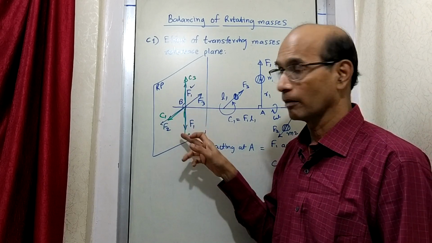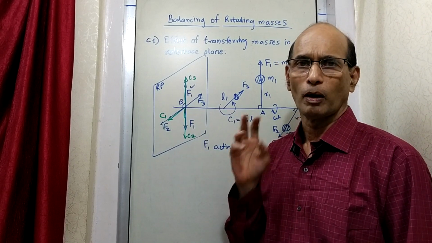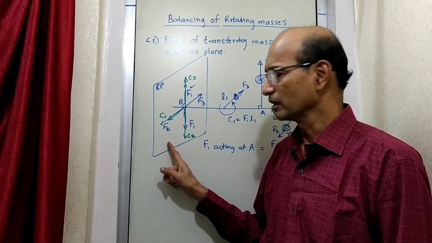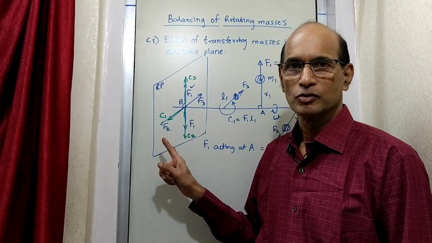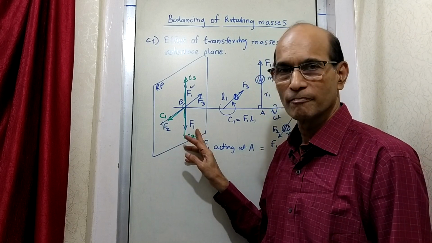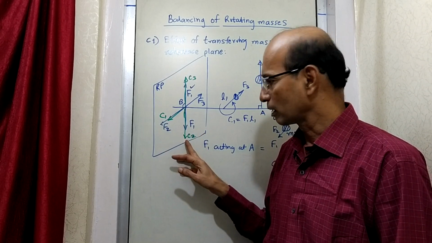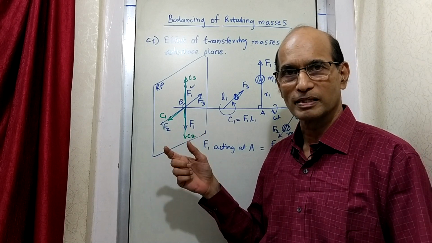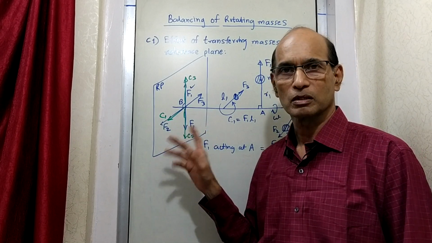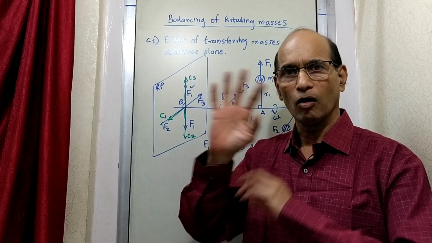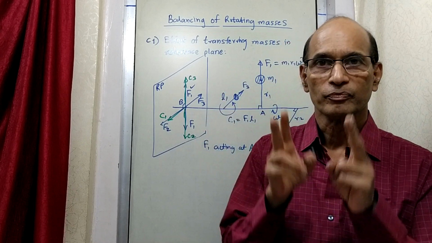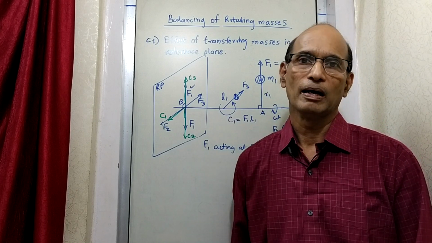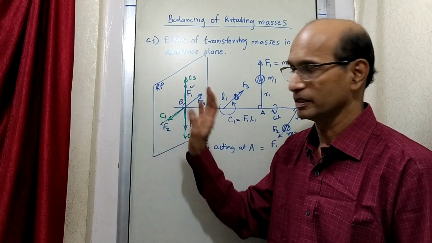So whatever unbalance is existing in this reference plane will be balanced. So the unbalance caused by forces and the unbalance caused by couples can be balanced by adding 2 masses, one for force, one for couple. Basically, these 2 masses along with these 3 masses will balance the system because of this theory.